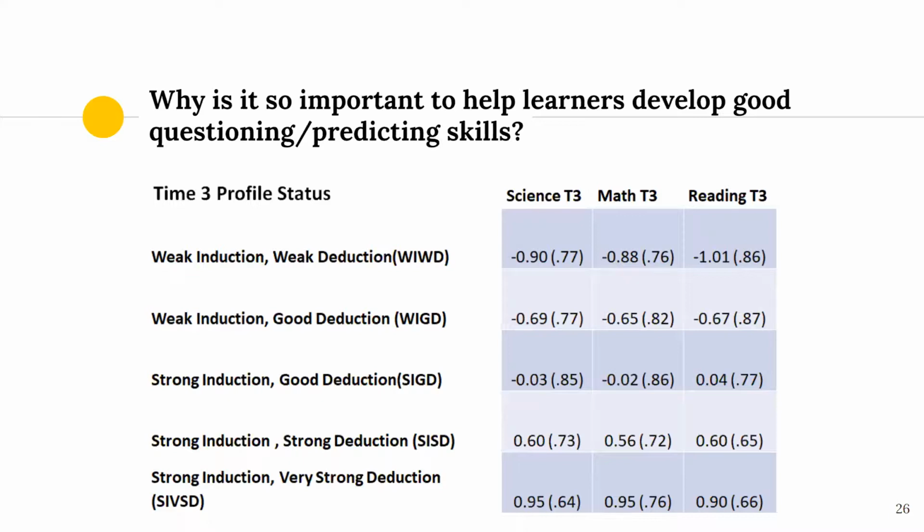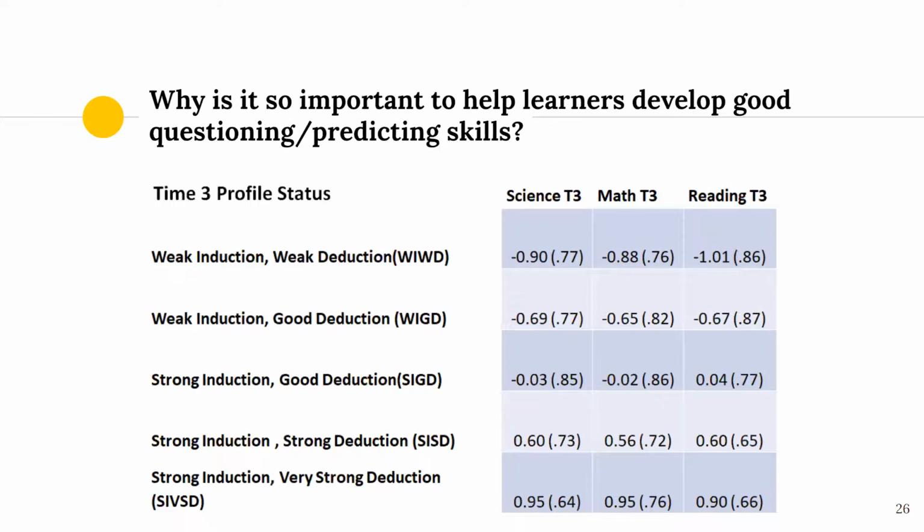And actually the premise was that deduction, the ability to synthesize and to put things together, would be a bigger indicator. And it actually turns out that induction is much more important, and not only in science, but in math and reading as well.